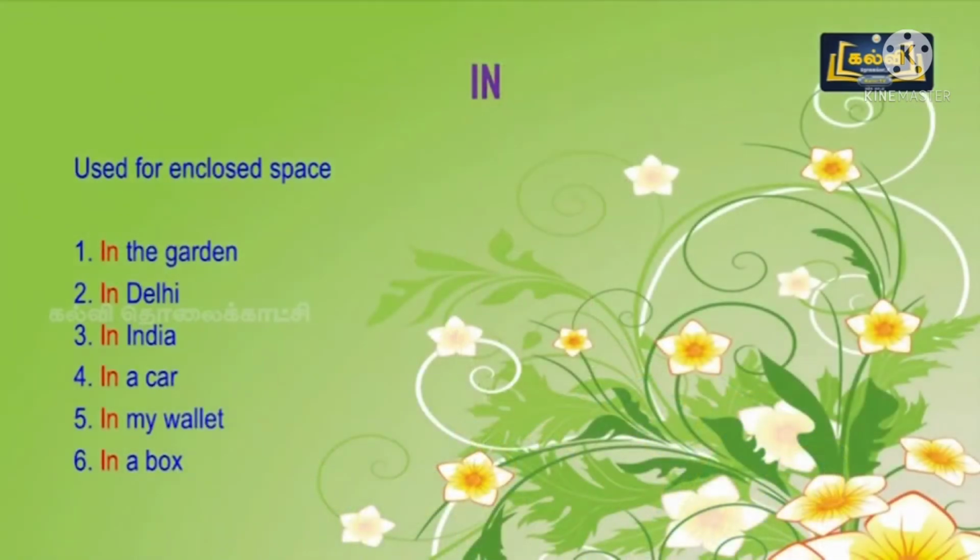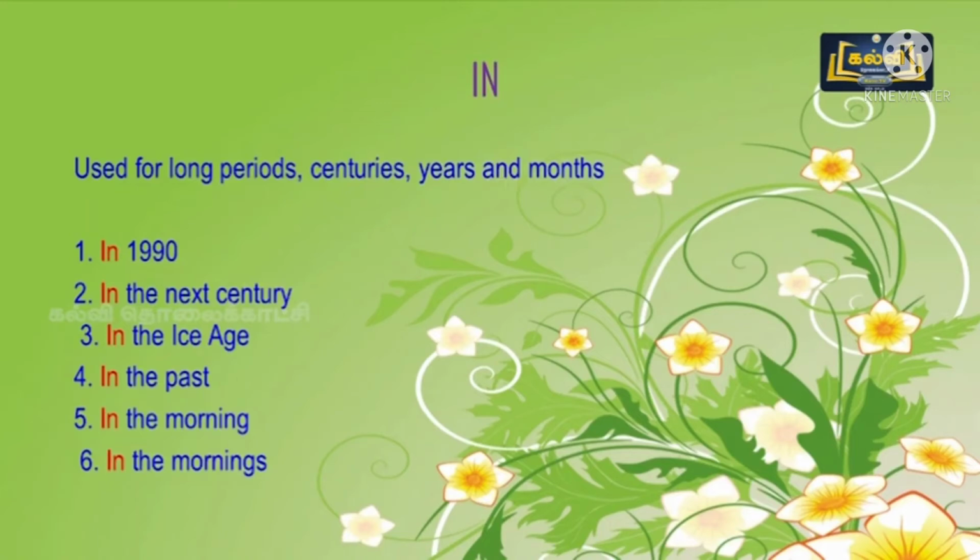Now, few more examples for in. In is used for enclosed space. For examples, in the garden, in Delhi, in India, in a car, in my wallet, in a box. And in is used for long periods, centuries, years and months.